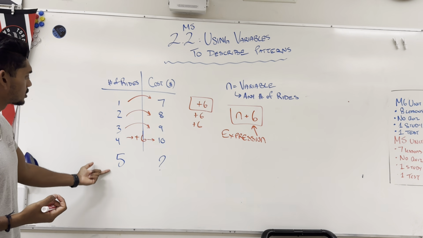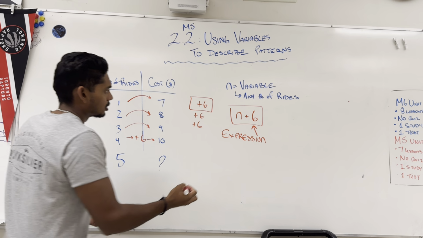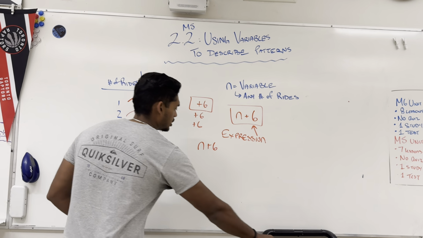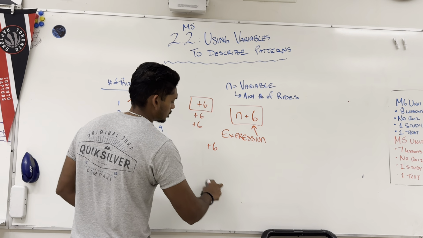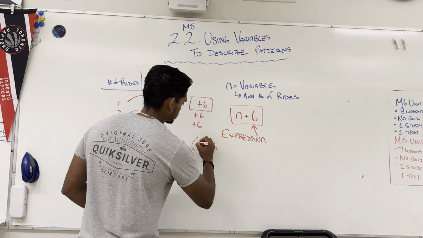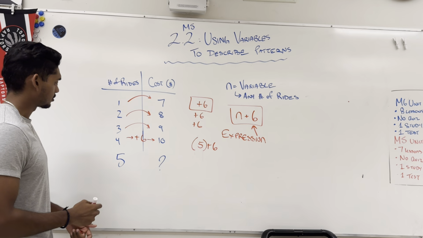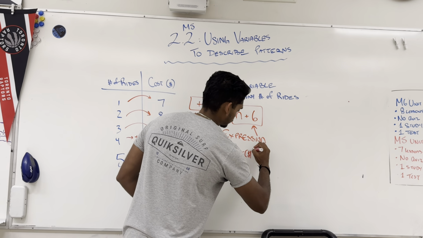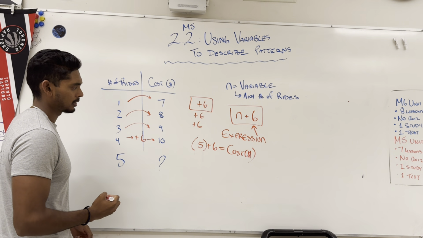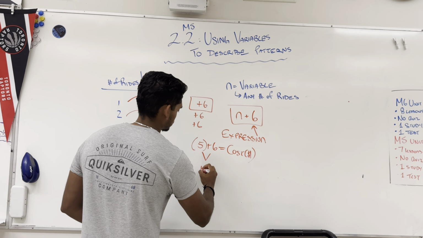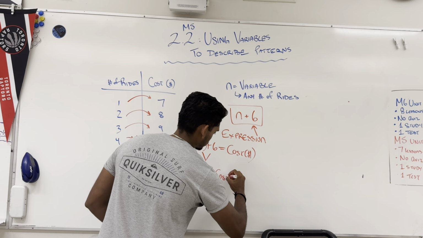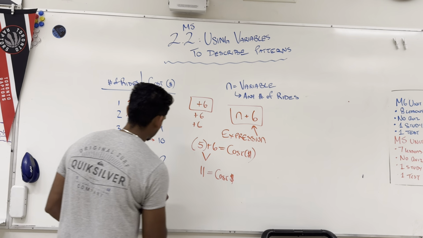I randomly chose 5. So instead of n plus 6, I change it to the number I want, which is 5 rides. That'll give me my cost. So 5 plus 6, nice and easy. That is 11. So our cost in dollars is 11.